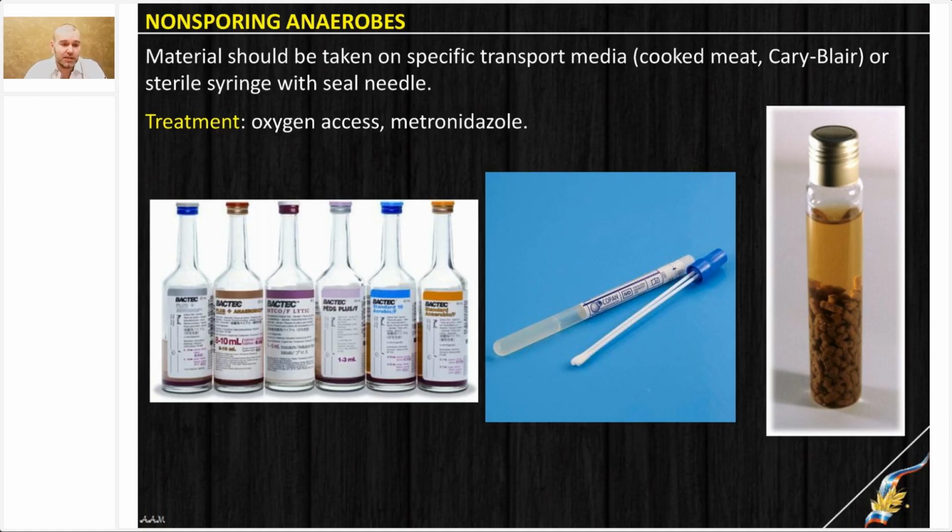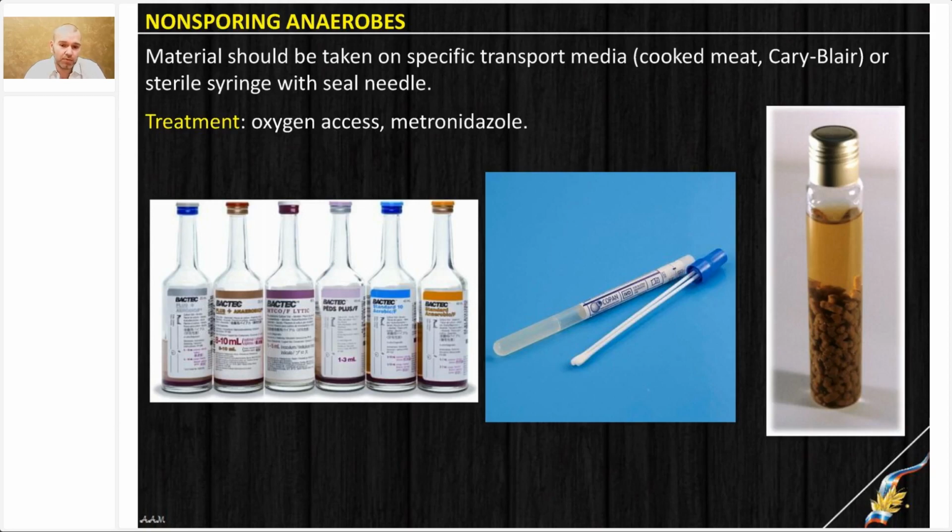So if you discuss any anaerobic infection and therapy of it, the main idea is that non-sporing anaerobes can be easily killed by oxygen, and very often the main type of therapy is oxygen therapy. People can be put in hyperbaric oxygenation chambers, or just some catheter with oxygen should be put into the wound.